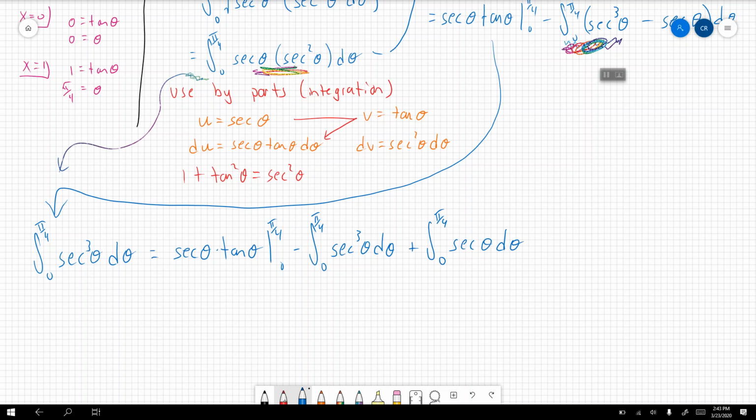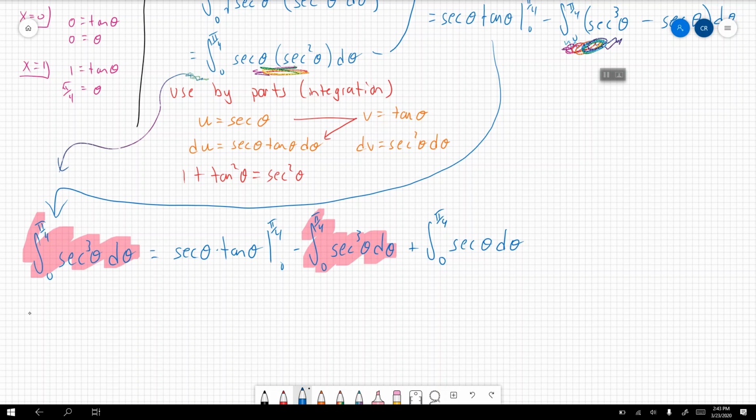Now, the important part that I wanted you to see a little while ago is that this integral and this integral are exactly the same. And because the integrals are exactly the same, we can add the integral on the right-hand side of this equation to the left-hand side.